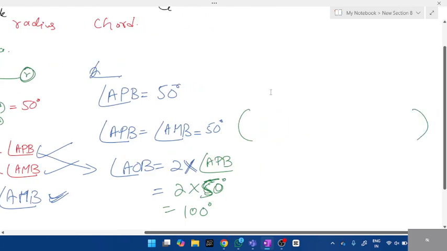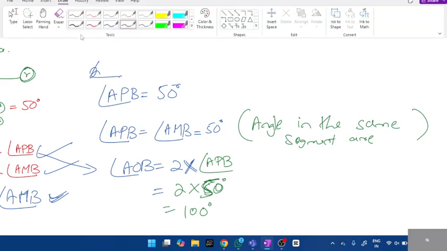So you have to write: angles in the same segment are equal. Angles in the same segment of a circle are equal.